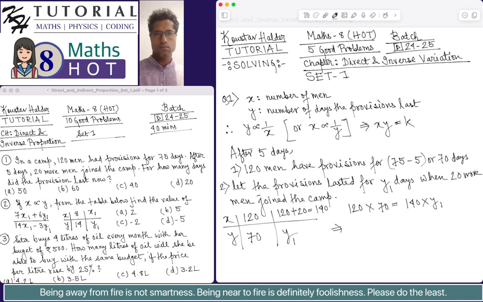So y1 is equal to 120 multiplied by 70 divided by 140. 0 cancels, 2 6s are 12, so 60 days. So after 5 days, when 20 more men have joined the camp, the provision would last for 60 days. So the correct choice is B.